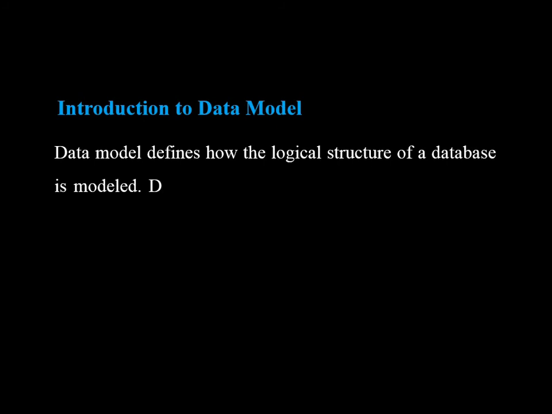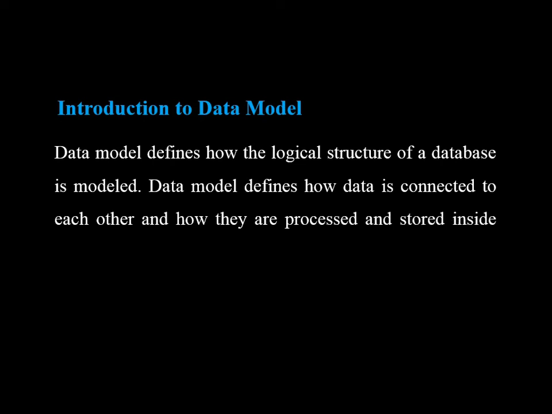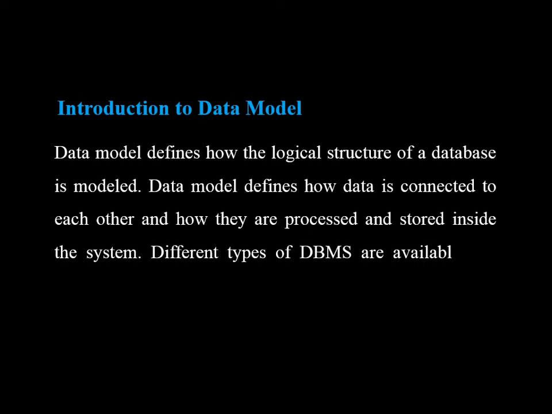Introduction to data model. Data model defines how the logical structures of a database are modeled. Data model defines how data is connected to each other and how they are processed and stored inside the system. Different types of DBMS are available and their classification is done based on the underlying data model.